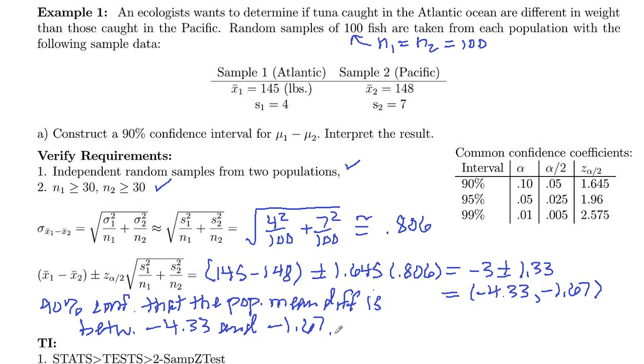So in other words, that means 90% of the samples are going to contain the true population mean between the upper and lower bounds.